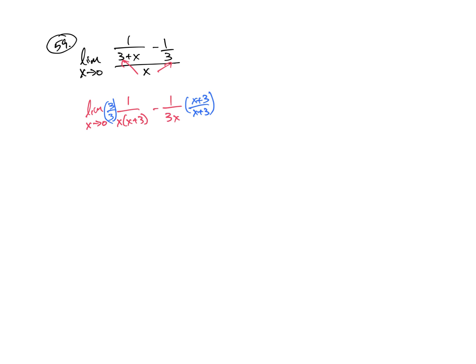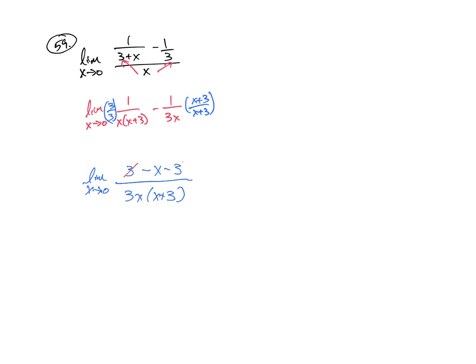So we multiply by 3 over 3 on the left side, and we multiply by x plus 3 on the right side. So now we end up having 3 over 3x times x plus 3, and then I distribute the negative 1, so now I have minus x minus 3. So what cancels in the numerator?